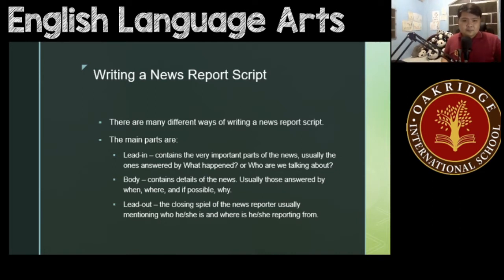The next one, we have the body. The body is a place where it contains all of the other details of the news. Usually, you have answers like when, or where, or other. Sometimes, if possible, why. Why is it that it says there, if possible, why? Because not all news would have that question answered.